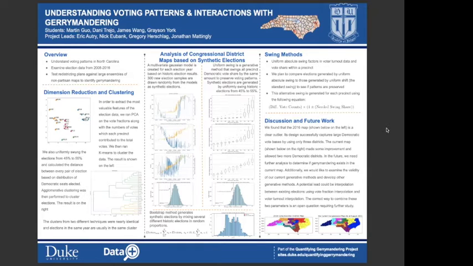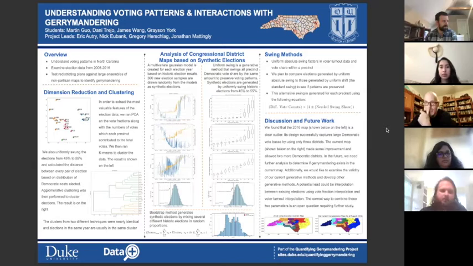Then we plotted each of the elections based on these features and clustered them using k-means to try and figure out which elections were most similar to each other. Interestingly enough, the clusters roughly corresponded to the election years, with 4 clusters. One corresponded to 2008, one to 2016, one to 2012, and one to the midterm elections.